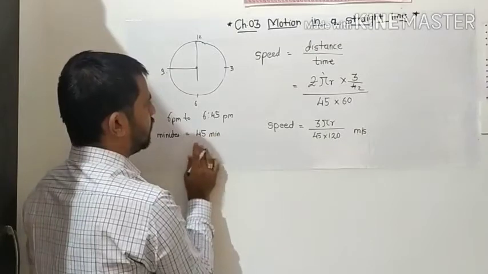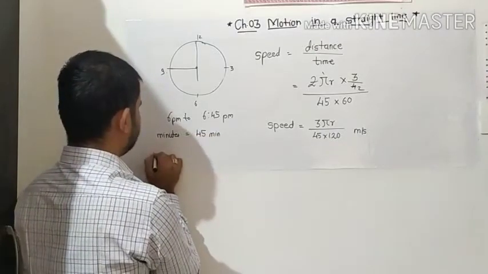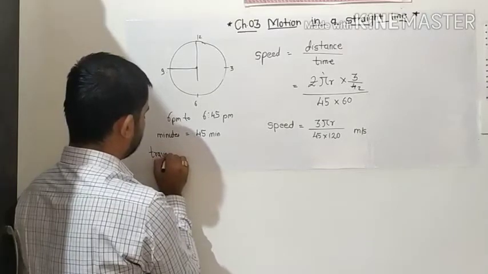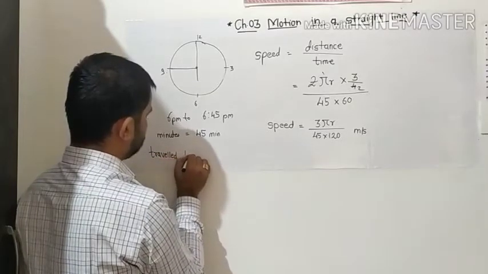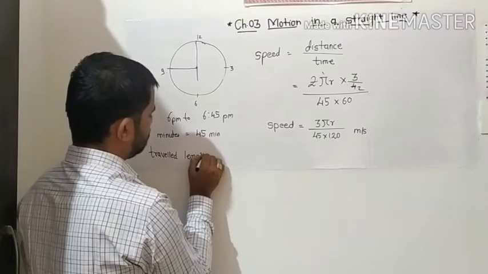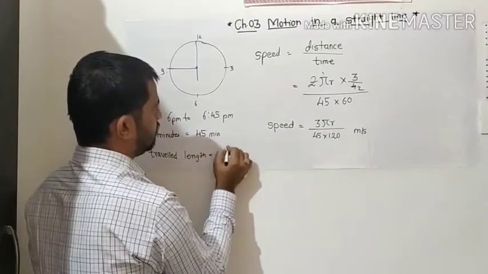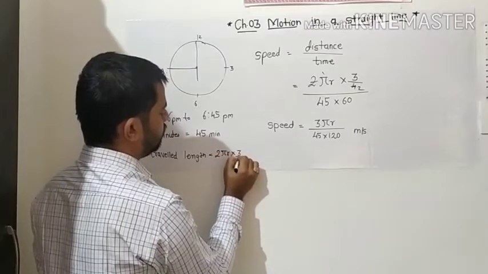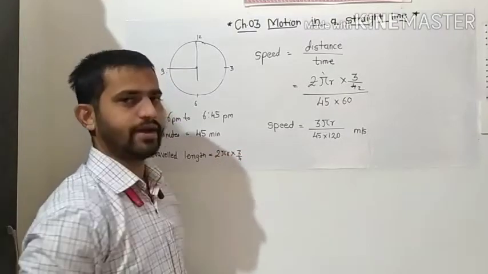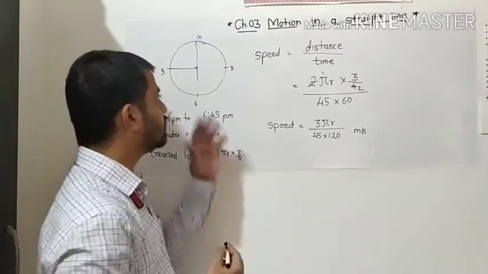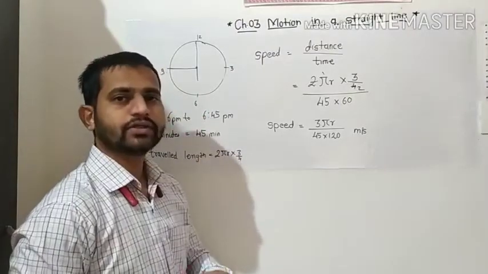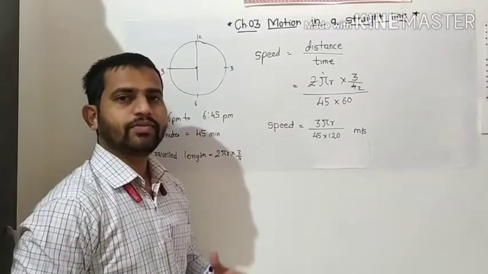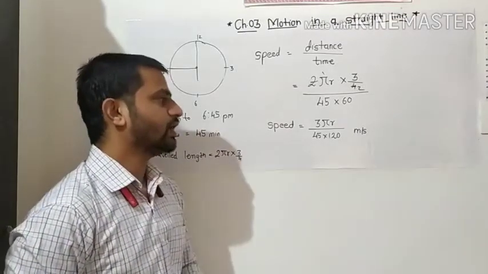And the distance, the traveled length, will be equal to 2 pi r into 3/4, that is 3/4 of 2 pi r: the total circumference of the circle into 3/4. That will be the total distance traveled by the minute hand. So this way we can calculate its speed.